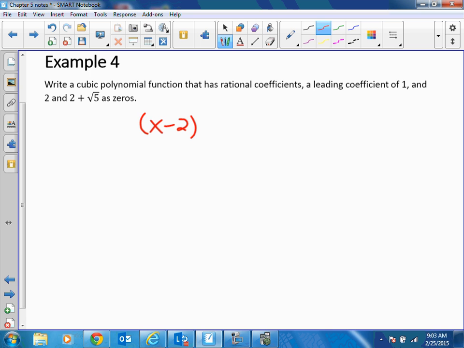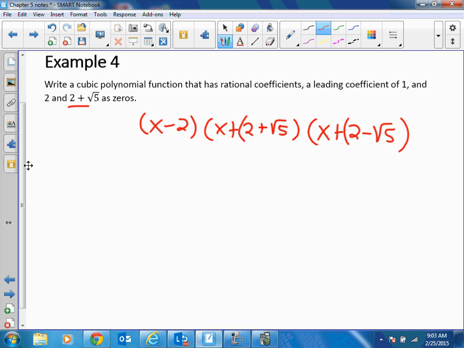And then if we wrote 2 plus square root of 5 in factor form, it would be x plus 2 plus square root of 5. Okay? You can keep that in parentheses or whatever, because it's x plus all of that. All right, but then since it has to be a conjugate, they said every irrational one has a conjugate, so you also have to do x plus 2 minus square root of 5. Okay.